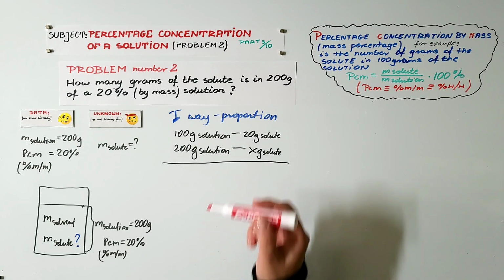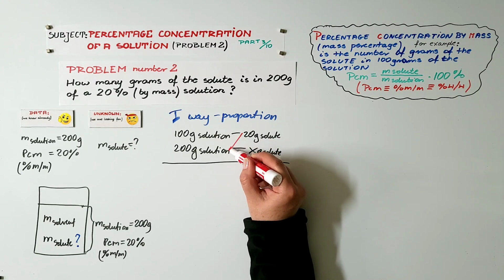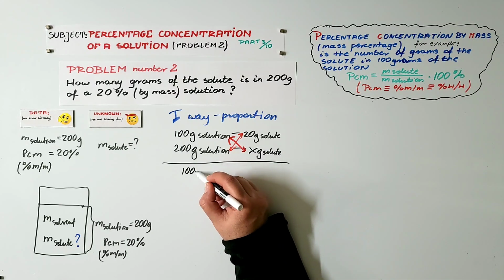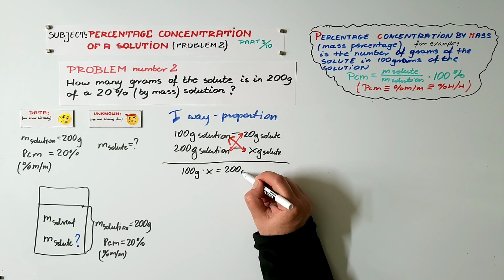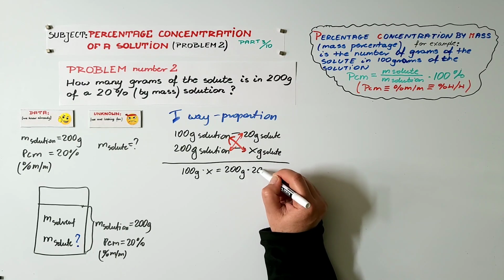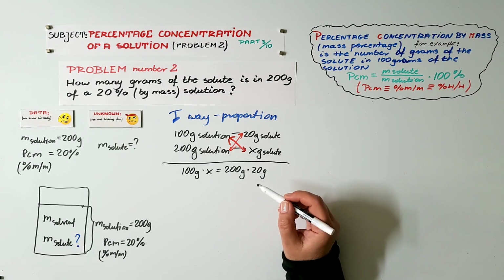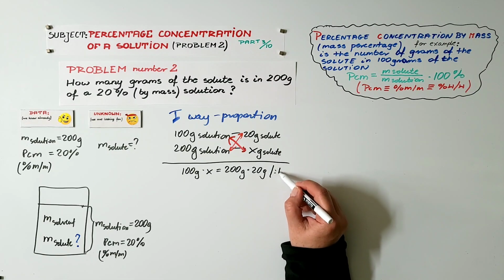So we calculate X by cross-multiplying this proportion. 100 grams times X equals 200 grams times 20 grams. So to solve for X, we need to divide both sides by 100 grams.